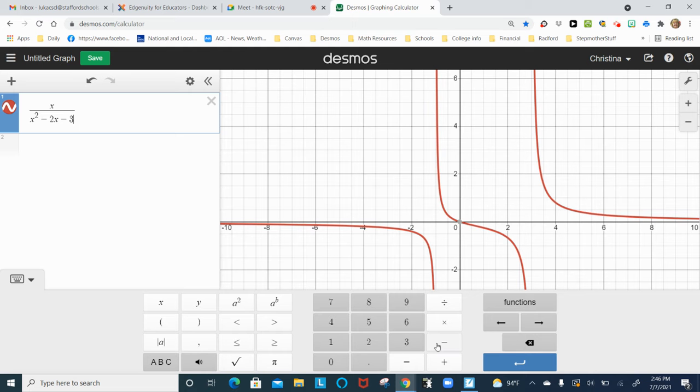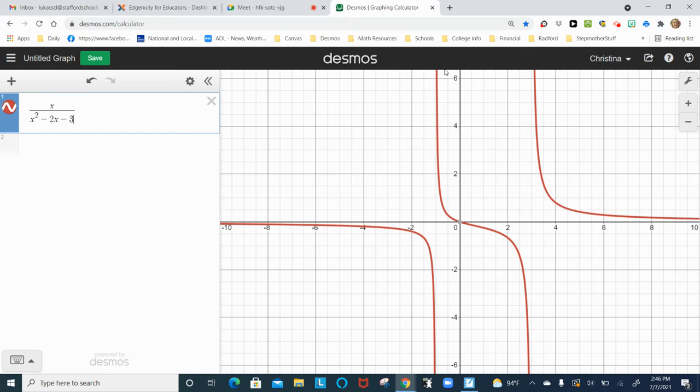All right, so there's your equation, and there is your graph. And you can see the vertical asymptote there at 3. You can see the behavior of the graph. It's approaching 3 and approaching 3. Let me get rid of that keyboard. And then here, the same thing.